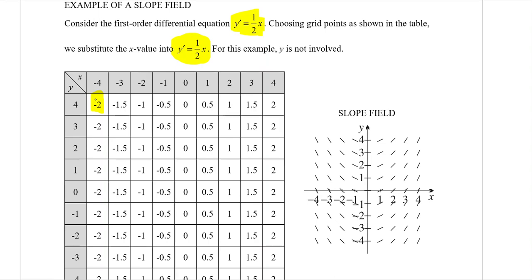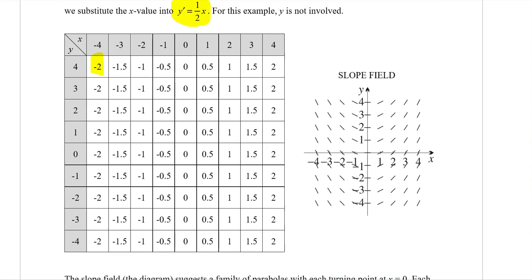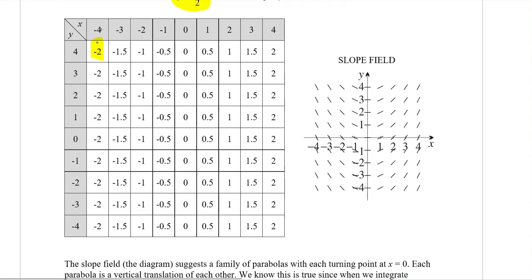And then you fill in that whole table, and then you have to painstakingly sketch the gradient of each one of those points. So this point that I've just worked out here, this -4, 4, you go over to your Cartesian plane, you go to x equals -4, which is here, and then down to y equals 4, which is this line here, right? Oh, thank you. Yes, you're right. I want +4, that one up there.